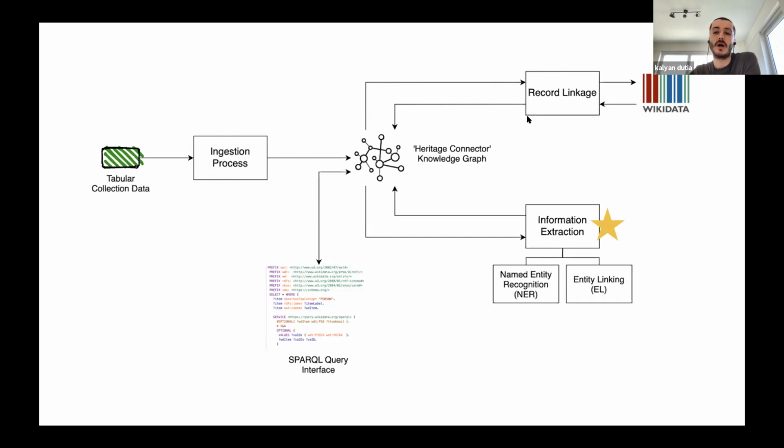This record linkage part is the machine learning model to create links with confidences, identity links between collection items and Wikidata items. And this bit called information extraction, with the star next to it, is all about creating metadata from text within the collection that we can then add back into the collection as new knowledge graph connections.